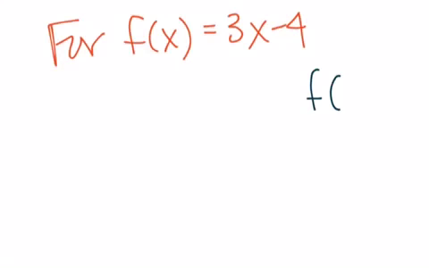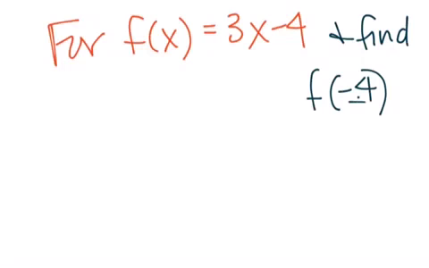for f of x equals 3x minus 4. Okay? Then it'll tell you to find f of -4. That's what it's going to look like. It sounds like really weird language. So this is saying when x equals -4, so you're going to plug in -4 for x.